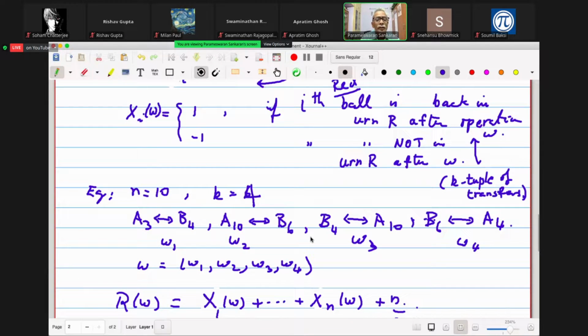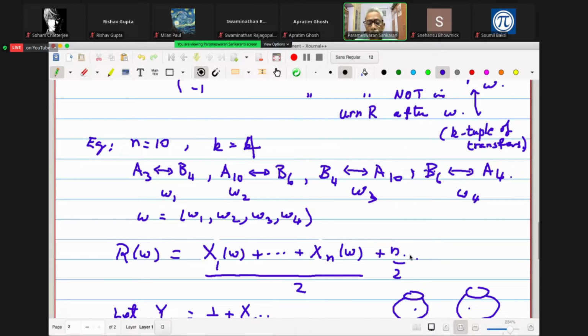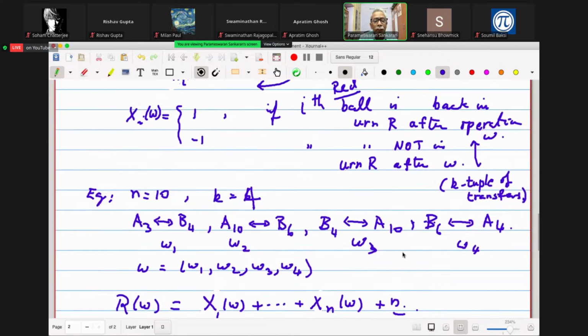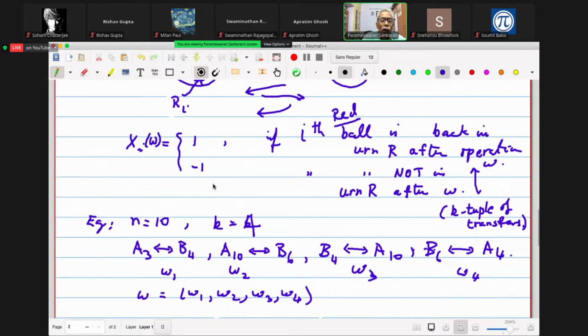you can think about it after you do this special case. After k transfers, assume that all the balls have gone there, and without this n by 2 and this divided by 2, what would it be? It would be minus n, because each one of the balls had gone out, and so I put in a minus sign.